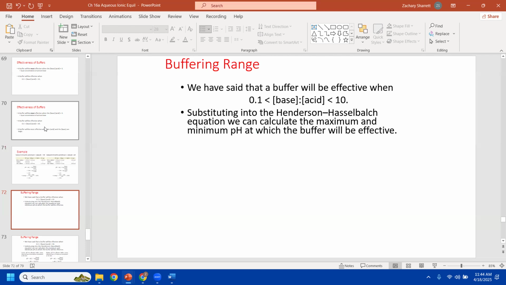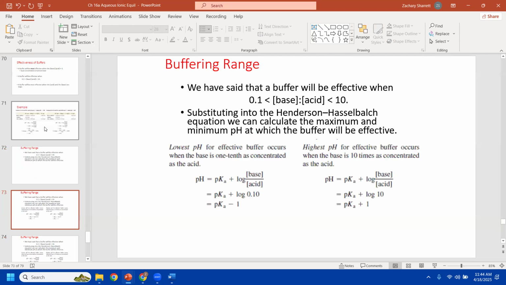So this is just talking about what I said. This is where it says you want your pKa within 1 of the pH range you're trying to make. This is just taking those effective ranges and plugging into the Henderson-Hasselbalch, and I told you it should be within 1 unit. So if your desired pH is 7.4, you want to choose a buffer system that has a pKa between 6.4 and 8.4, right?